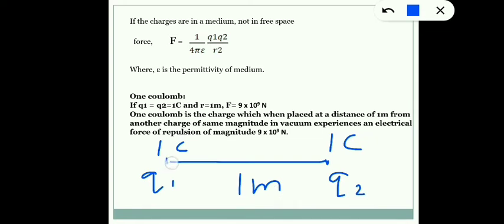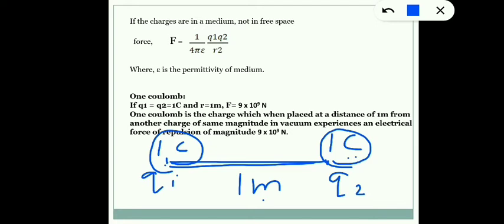Suppose we are defining this 1 coulomb charge. 1 coulomb is the charge which when placed at a distance of 1 meter from another charge of same magnitude. See, if this is 1 coulomb and this one is also 1 coulomb.